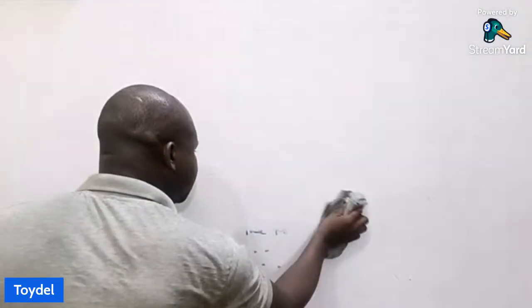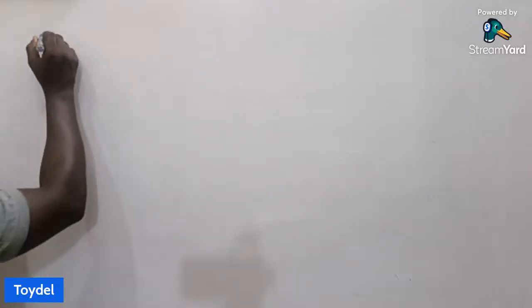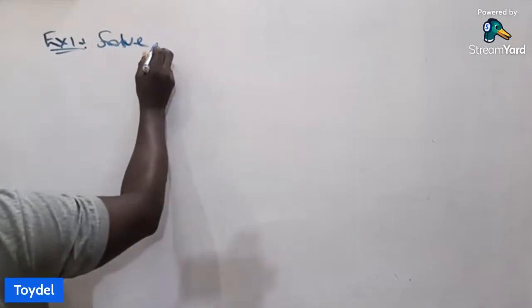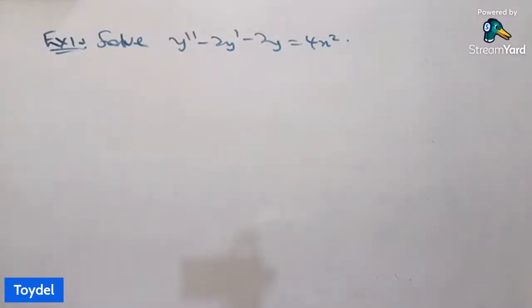So I will start with the first example that we used under the method of undetermined coefficients. Let's say example 1. Solve y double prime minus 2y prime minus 2y is equal to 4x squared. If you check my past video, you realize that we have solved this problem using the first method.